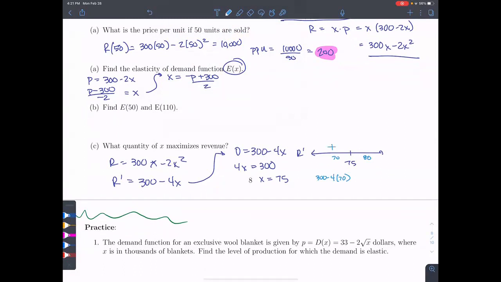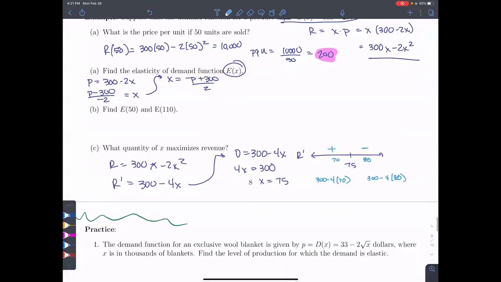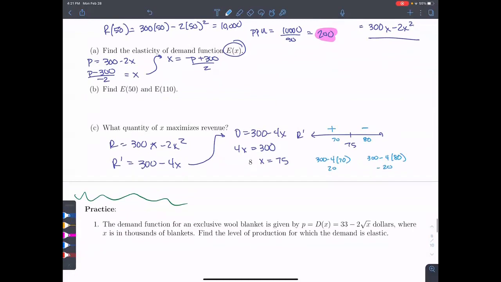So that's positive. 300 minus 4 times 80 would be negative 20. So increasing into the point and decreasing away, you get your maximum at X equals 75.